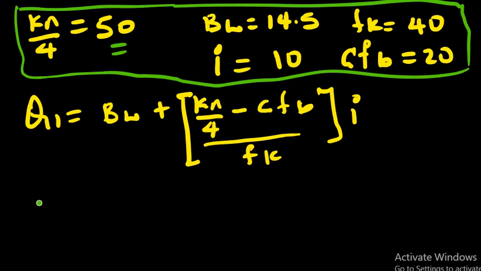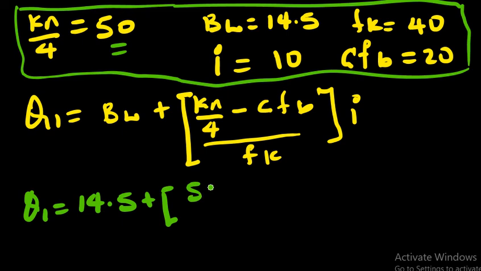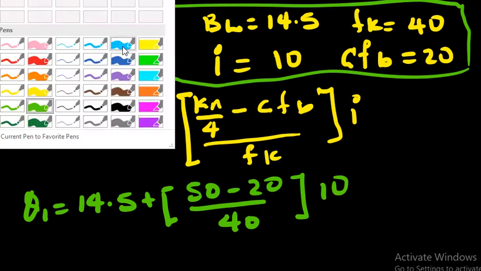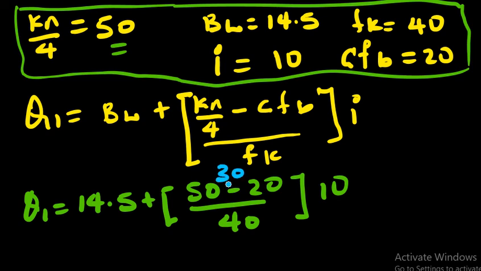Q1 will be 14.5 plus, 50 minus CFB, which is 20, over Fk, which is 40, multiplied by 10. The difference here is going to be 30. Then you can cut the 0. And 3 over 4 means 0.75. But when you multiply by 10, it will be 7.5. 7.5 will be added to 14.5.